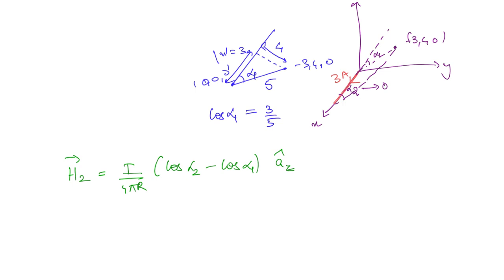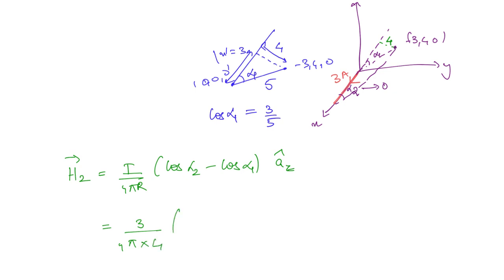And what about the distance? The distance r is going to be nothing but the perpendicular distance from the line. What is the perpendicular distance? It is nothing but the y coordinate, which is 4. So now we have r is 4, I is 3, so 3 by 4 pi into 4.